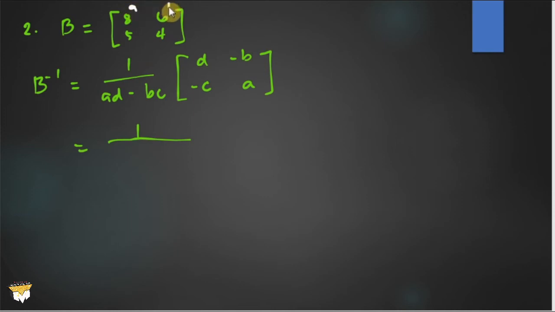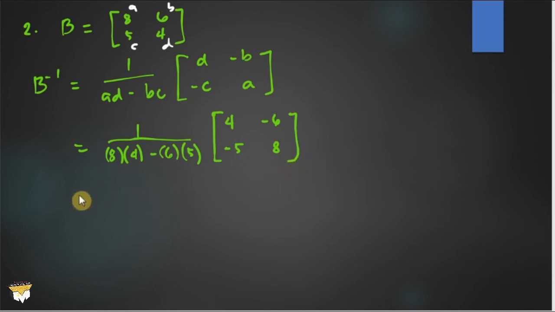Remember, this is A, this is B, this is C, and this is D. Okay, so we have A is 8 times D is 4 minus B is 6 times 5, which is C, then times D is 4, then negative B, that's negative 6, then this is negative 5, and this is A is 8.